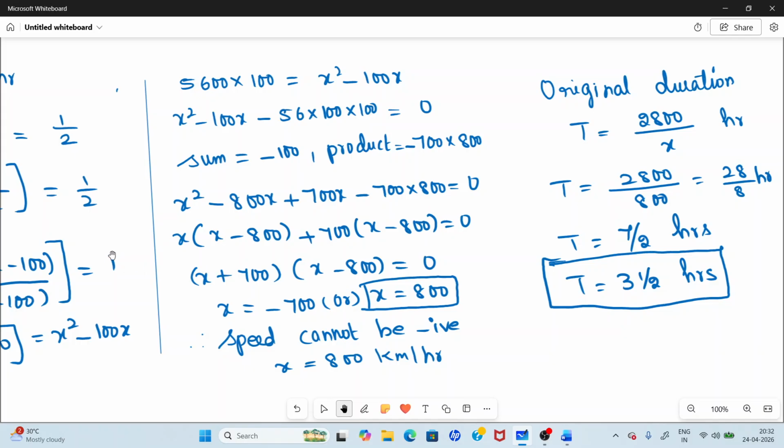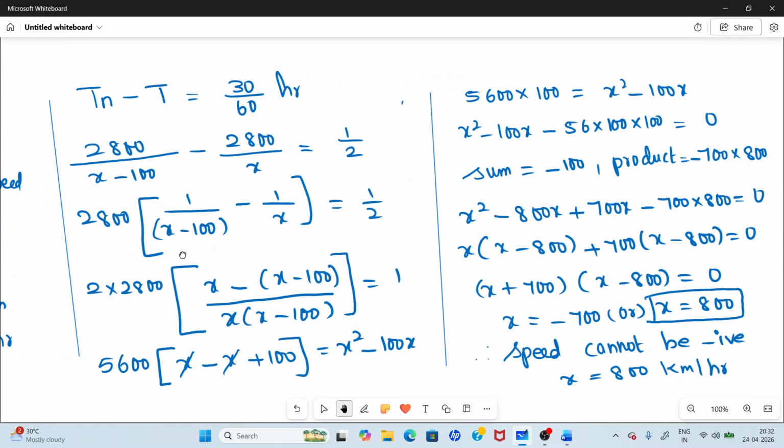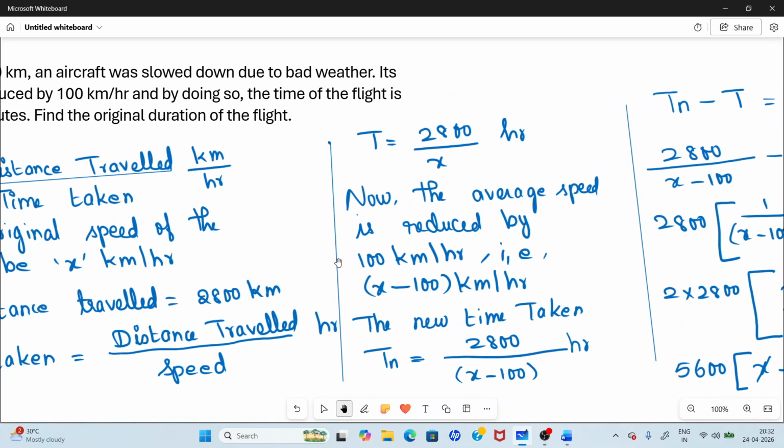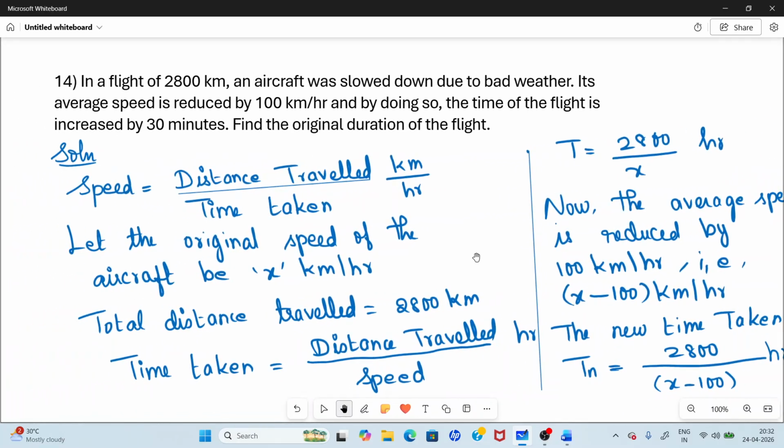Recap. So we are applying the formula time taken equal to distance traveled by speed. We are taking the original speed as x kilometer per hour. So the original duration is t equal to 2800 by x hours.